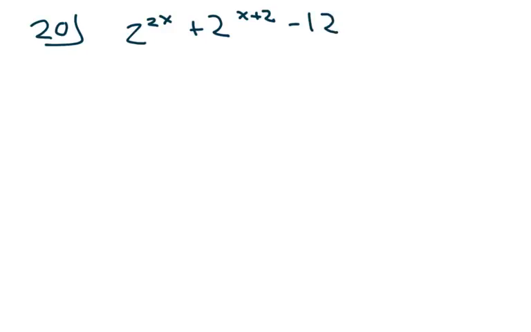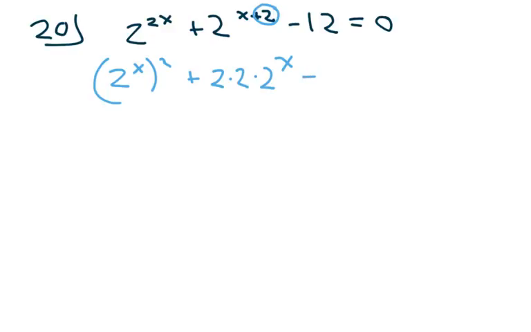The last problem is 20. So we have 2 to the 2x plus 2 to the x plus 2 minus 12 equals 0. I'm going to rewrite this as 2 to the 2x plus, and there's that plus 2, so I'm going to put 2 times 2 in front, 2 times 2 times 2 to the x minus 12 equals 0.